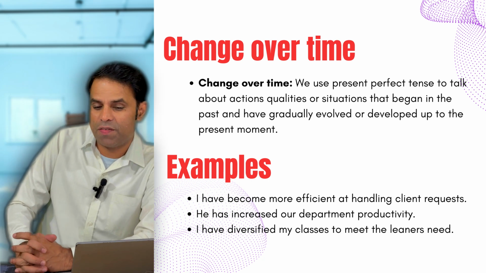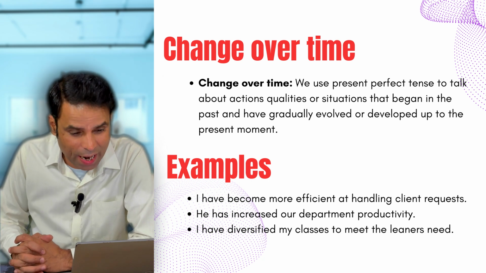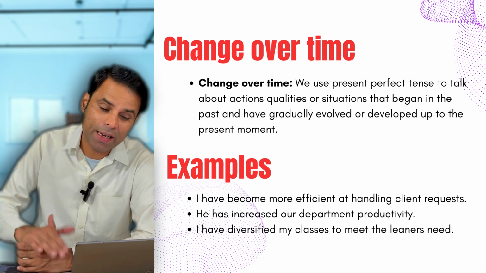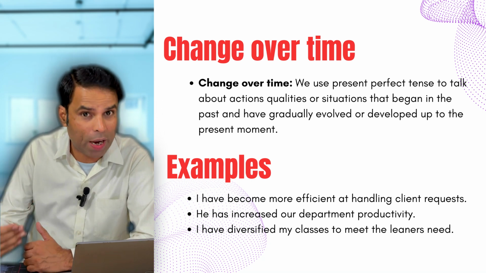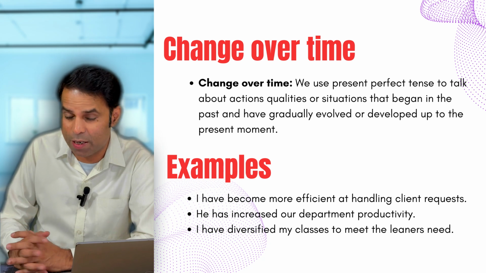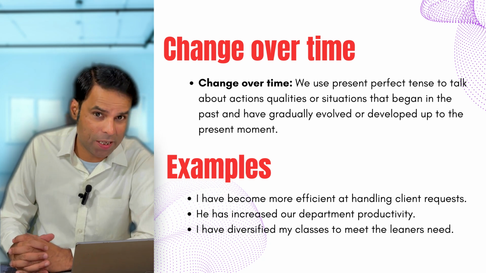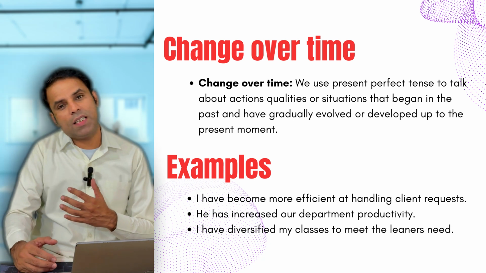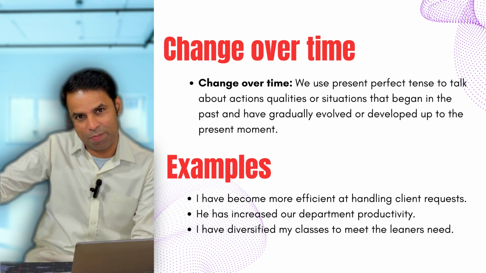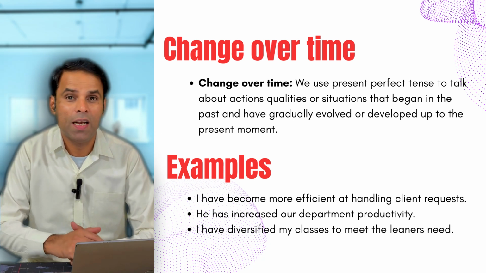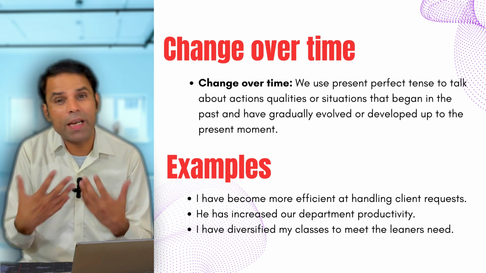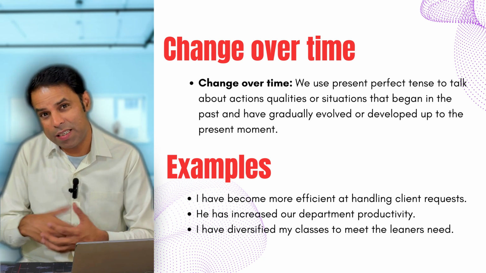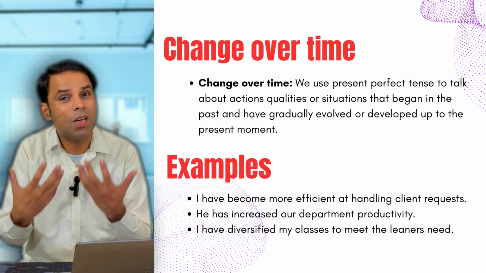We use present perfect tense to talk about actions, qualities, or situations that began in the past and have gradually evolved or developed up to the present moment, right? So let's understand this. Something that you started doing in the past, and over time you became good at it, or you can say you have become good at it.